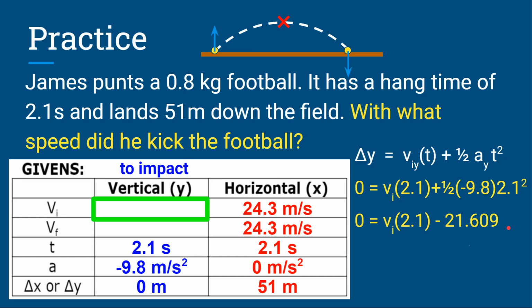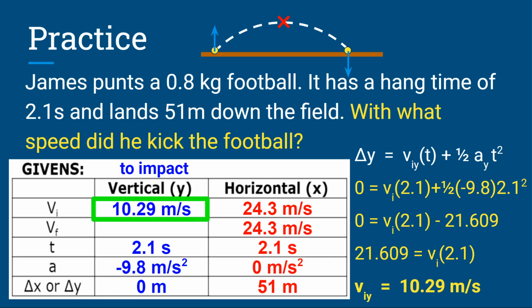And so I'm going to add that number to both sides to cancel it over here. And now we have 21.609 equals 2.1 V. Divide both sides by 2.1. And we get an initial velocity in the y direction of 10.29 meters per second. So I know that value, I can fill it in.